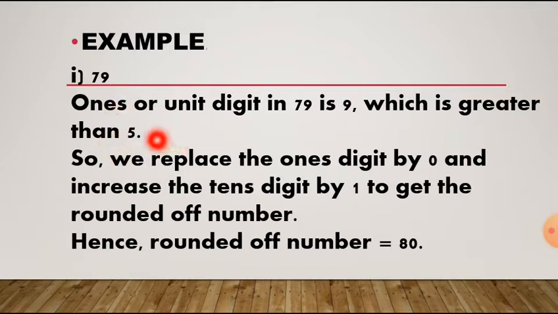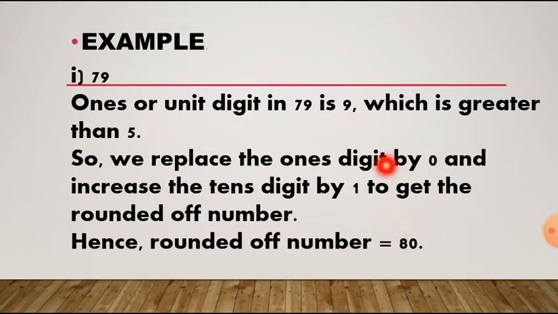Now it's not over. Now you have to increase the tens place by 1. You add 1 to the tens place digit. So you add 7 plus 1. What is 7 plus 1? That is 8. So this number we will get as 80.